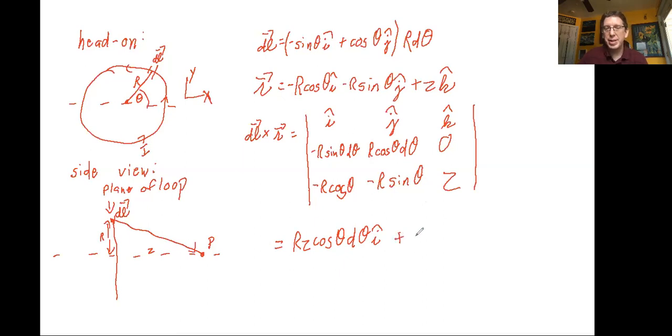So this becomes plus capital R z sine theta d theta j hat. And then in the k direction, the negatives cancel out, so it's R squared sine squared theta d theta. And then you have a minus here, but the negatives cancel out again, and so it's plus R squared cosine squared theta d theta. That becomes plus R squared d theta. Remember, sine squared plus cosine squared equals 1. So that's R squared d theta k hat.